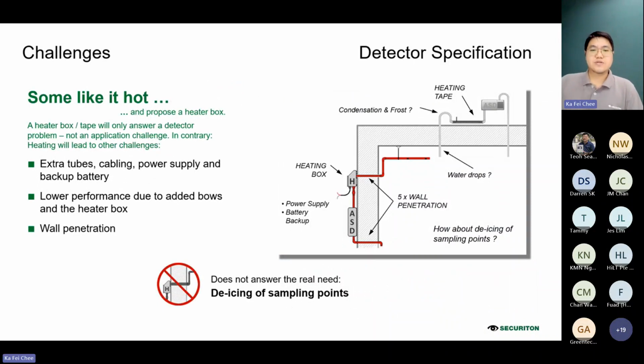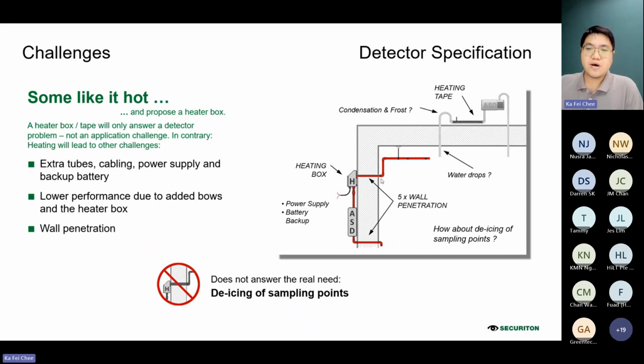Coming back to the low temperature as well, if the detector is placed outside and the cold air coming out will cause problems to the ASD, you also need the addition of a heating box. With all this additional equipment, of course it will have extra cost, and then the extra components you need to maintain.